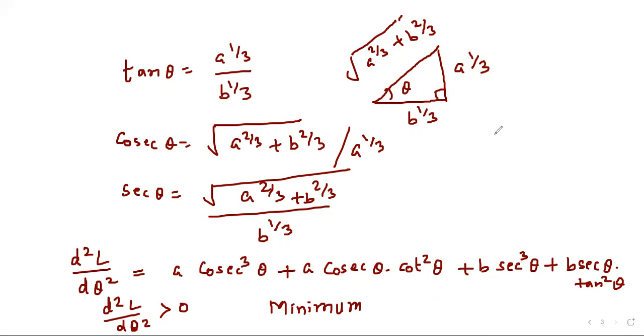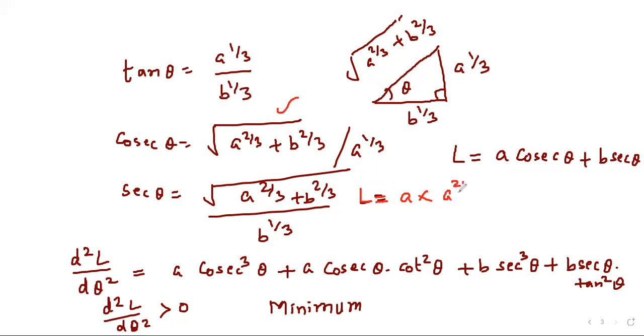So, as we have already written, L equal to A cosec theta plus B sec theta. We put the values. So L equal to, I'm changing the color so that it may not get mixed. So L equal to A times cosec theta. Cosec theta is this much.